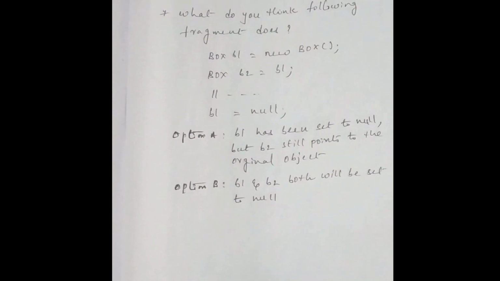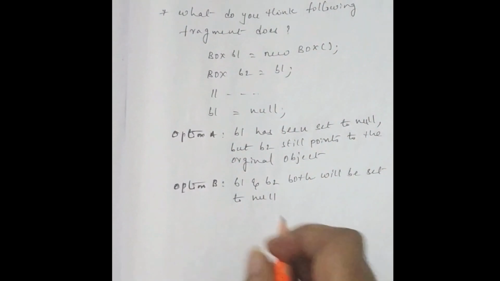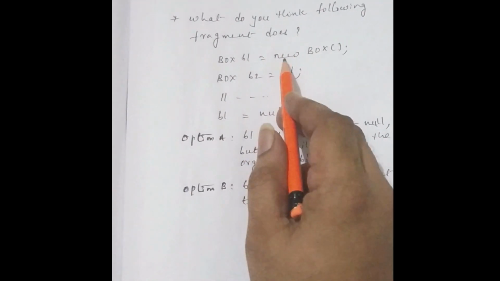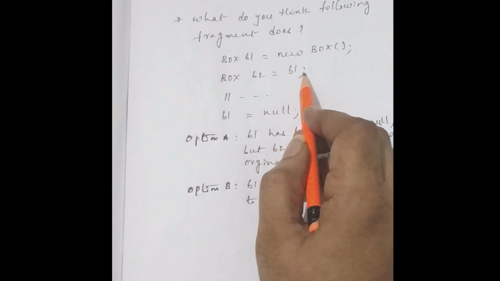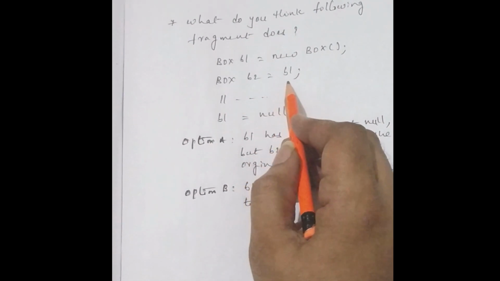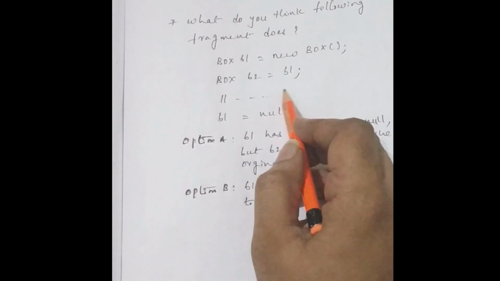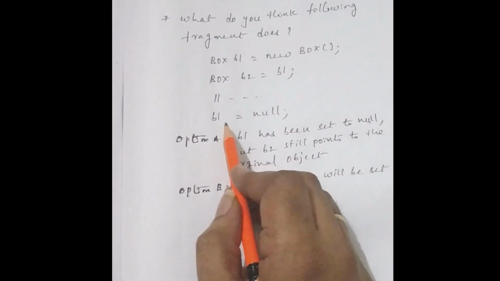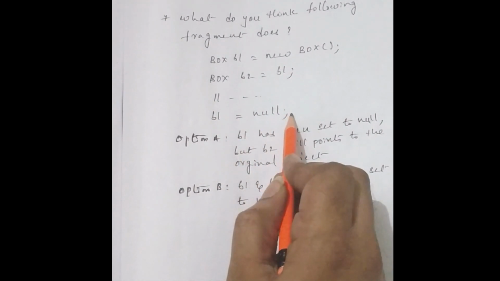So let us try the second question. What do you think the following fragment does? Box B1 equal to new Box, B2 equal to B1, and there are a few lines. After these few lines are written, B1 equal to null.